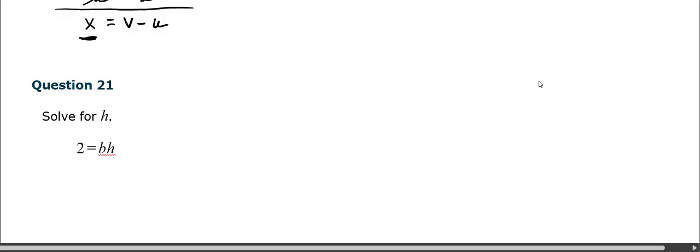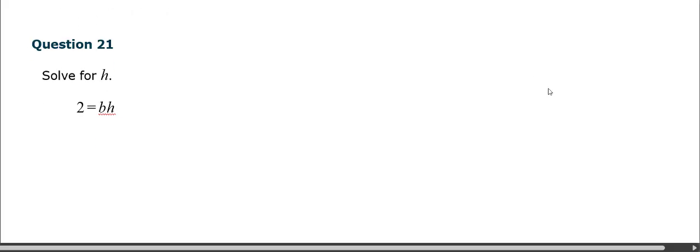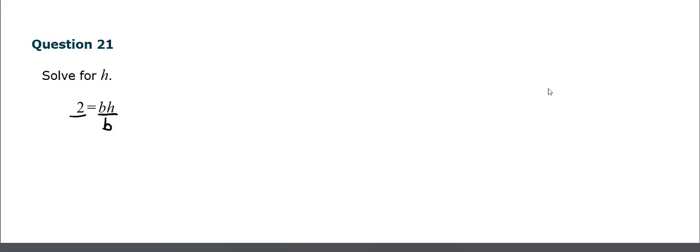Our next problem, we're asked to solve for h, and we're given 2 equals b times h. So again, if I want to isolate something, I want it by itself. Now in this case, I need to eliminate the b. So you ask yourself, how is b connected to h? It's through multiplication. So if I need to remove that b from the h, I do the opposite operation. So I would divide both sides by b.